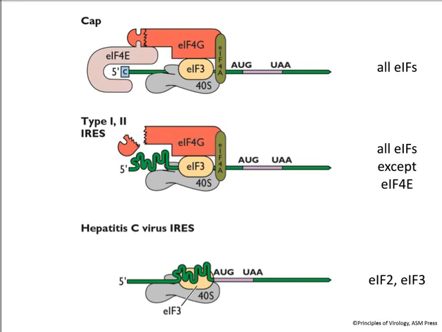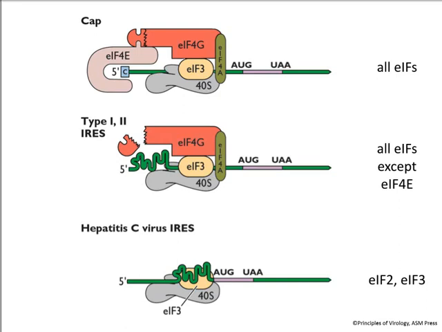So I told you earlier about how most cellular mRNAs are translated. The 5' end is required because the cap attracts the translational machinery. 2 of the IRESs, the type 1 and the type 2 IRES, require all of these initiation proteins. They don't need eIF4E, the cap binding protein. These IRESs do not need it because 4G is thought to bind directly to the secondary structure, as I showed you on the previous slide.